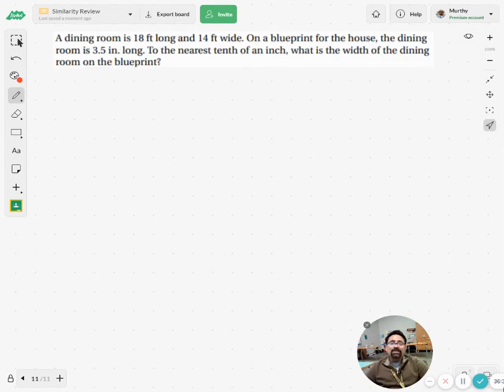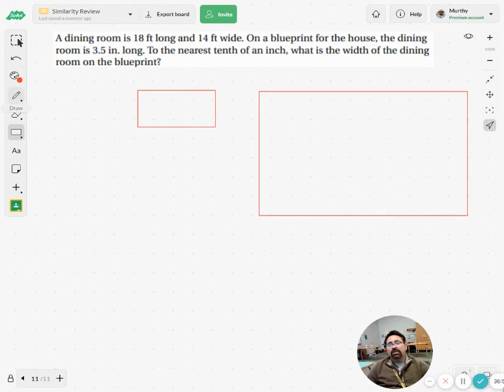A dining room is 18 feet long and 14 feet wide. On a blueprint for the house, the dining room is 3.5 inches long. So here we have two. Let's say that this is the blueprint, that means a small map, and this is the original dining room. So you see that these two are similar.